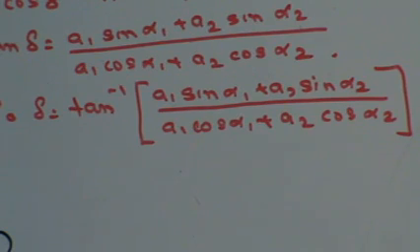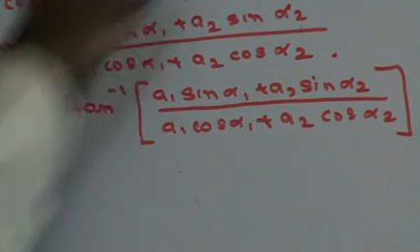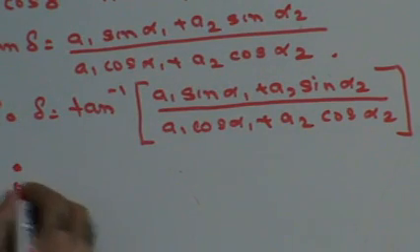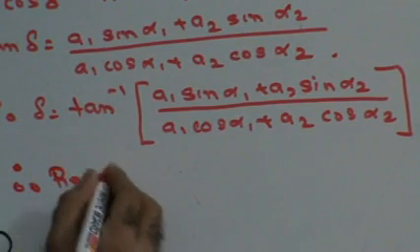Now, from this, what we understand is that the resultant amplitude of the 2 SHM depends upon the individual amplitudes of the 2 SHM, and it depends upon the difference between the phase of the 2 SHM.